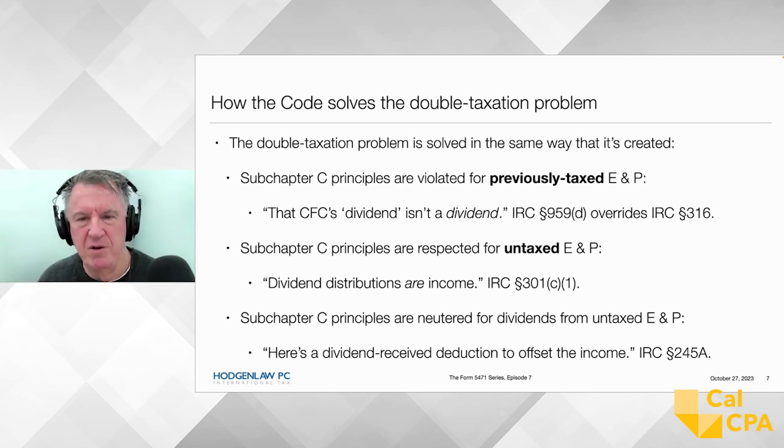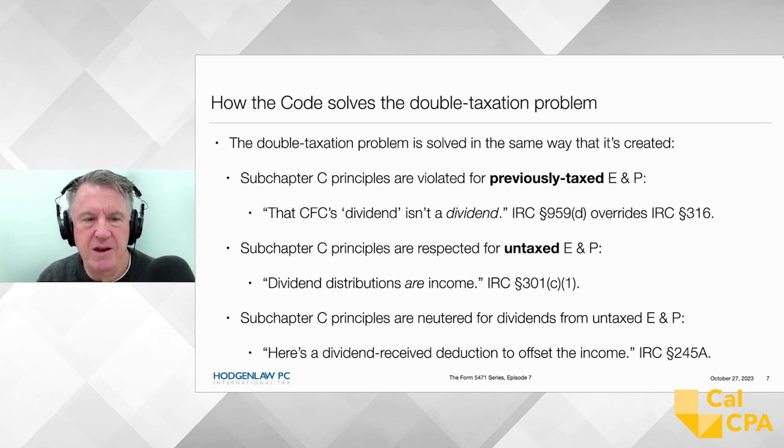It's an interesting thing because you see the evolution of tax policy philosophy from 1962, when the subpart F rules came into play, to 2017, when the global intangible low tax income rules came into play. So in 1962, they said, here's our game.